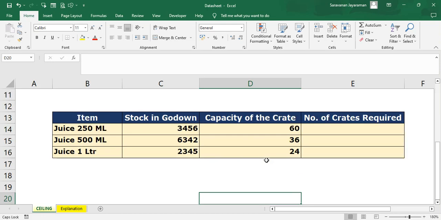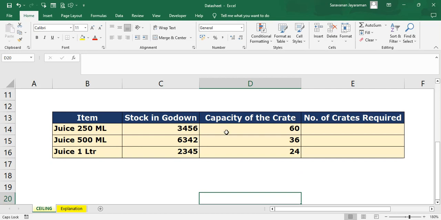Now, here we have in our godown the stocks, and we need to move them to the store. We have 250 ml juice, 500 ml juice, and 1 liter bottle. And the stock in the godown is this. We need to move this to the store.